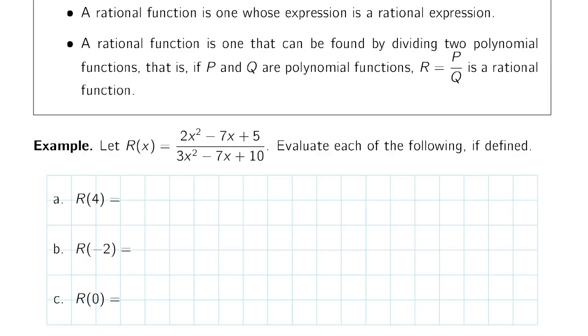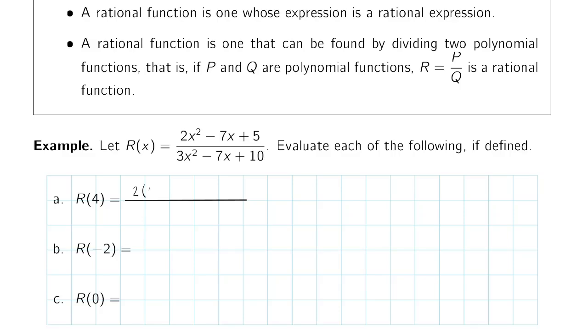Here we have the rational function r of x is (2x squared minus 7x plus 5) over (3x squared minus 7x plus 10). So to find r of 4, I'm going to just take that expression and plug in 4 for x.